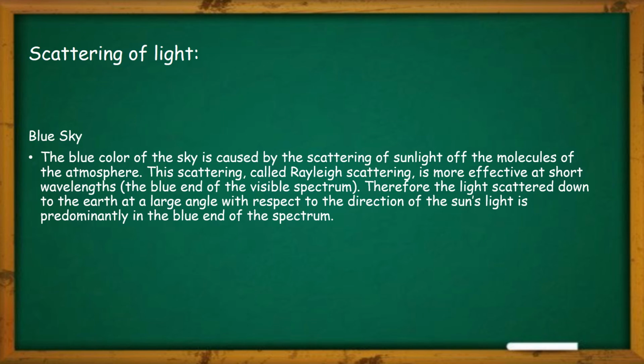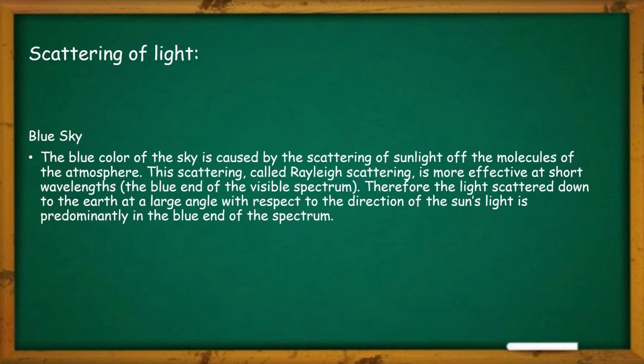Rayleigh scattering is more effective at short wavelengths. Short wavelengths means the blue end of the visible spectrum. So more scattering happens. Therefore, the light scattered down to the earth at a large angle with respect to the direction of the sun's light is predominantly in the blue end of the spectrum.